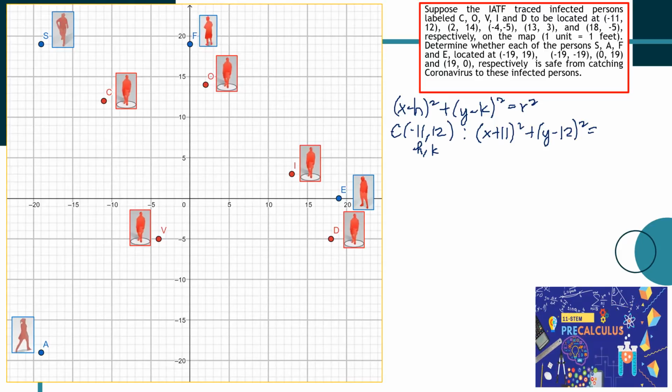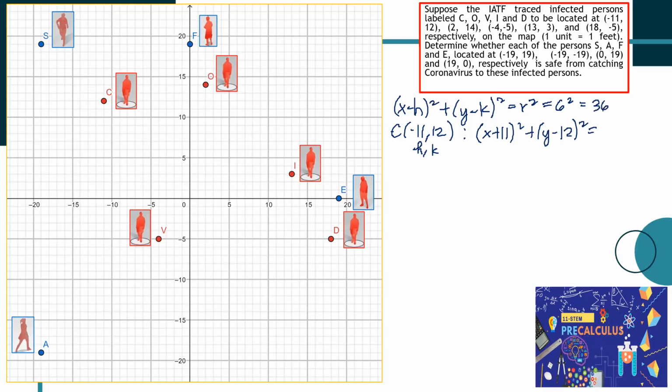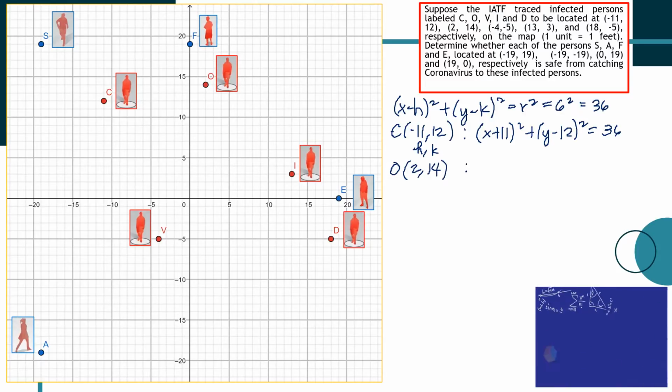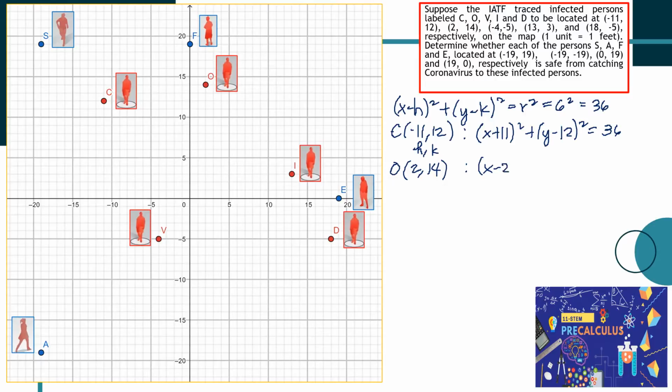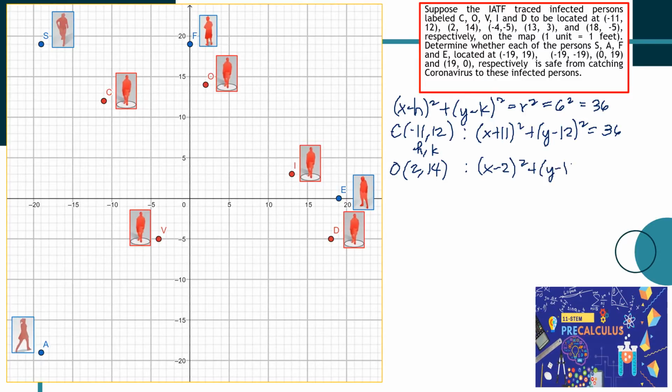Since all the circles have a fixed radius of 6 feet, we'll equate all our equations to 6 squared, which is 36. Next, for person O, we have (x - 14)^2 + (y - 14)^2.